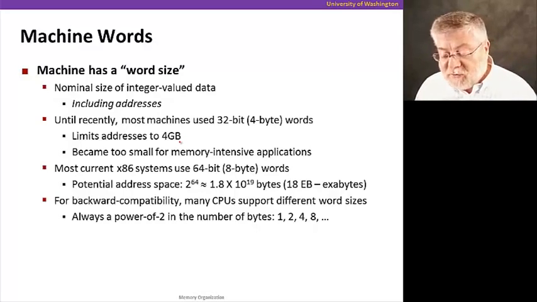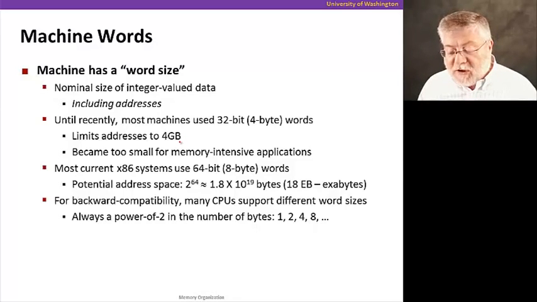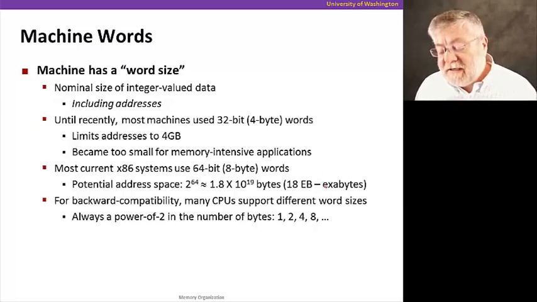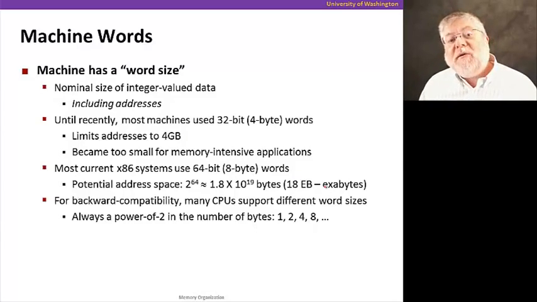Many of our applications use much more space than that. So computers have changed to use 64-bit words, 8 bytes long. And now we can have 2 to the 64 different addresses, which leads to 18 exabytes of data to be addressed. That's a huge amount, and we haven't run into that wall yet, but we probably will one day.